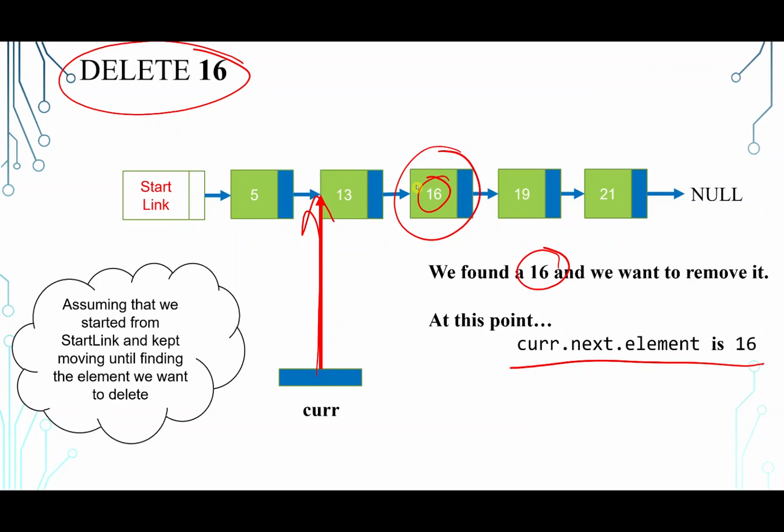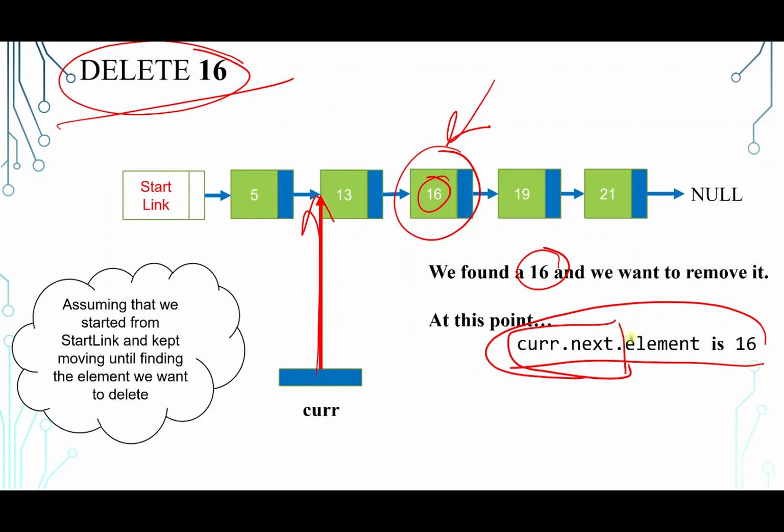So now we know where the 16 is, and we are going to remove it. And when we say delete 16, it's not going to delete every 16, just the first 16 you would find. So currently we know that it's in this node, and we have a pointer at this part, which points to this node.